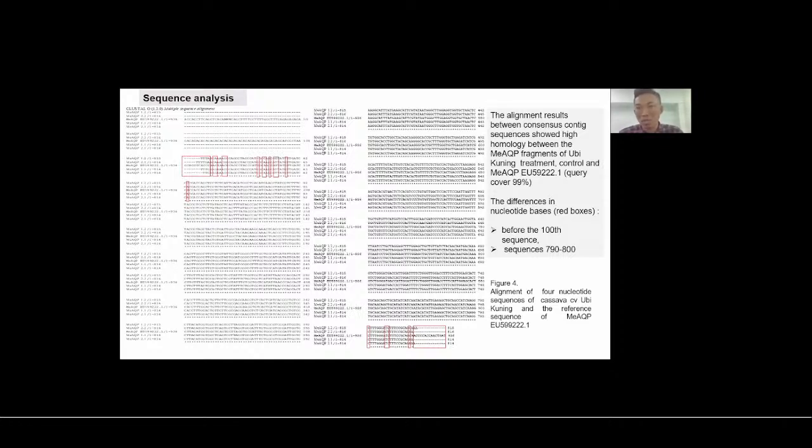For sequence analysis, the alignment results showed high homology between the NEAQB fragments of Ubi Kuning treatment, control, and NEAQB AU. The differences in nucleotide sequence are shown in the red boxes, at positions between 70 and 190 until 800.